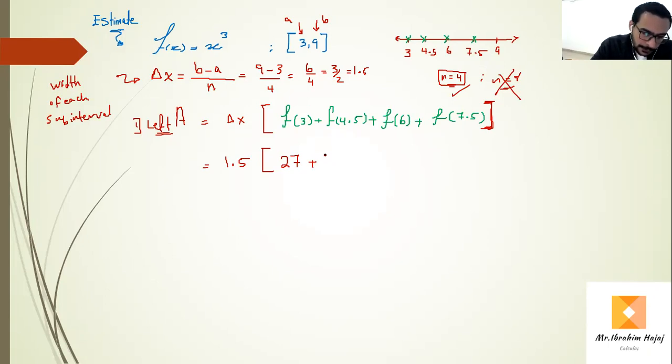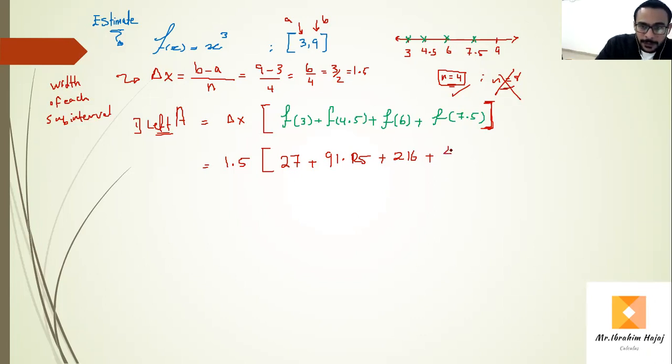91.125. 4.5 times 4.5. Yes, Omar, thank you. 91.125. Yes, plus f of 6, easy here, it's 216. f of 7.5, 7.5 times 7.5 times 7.5.